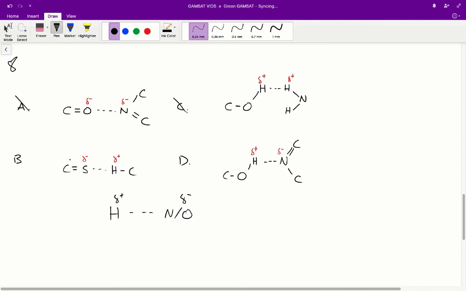So whilst B is a dipole-dipole bond, it is not a hydrogen bond, but D is definitely a hydrogen bond, and hydrogen bonds are stronger than dipole-dipole bonds. So therefore D is the correct answer for question 8.